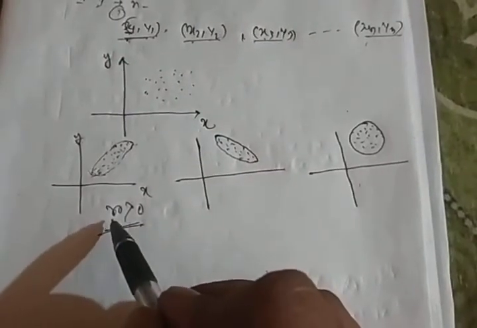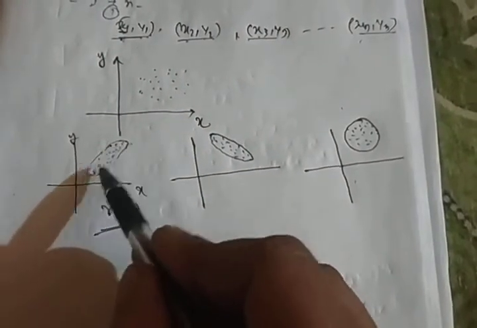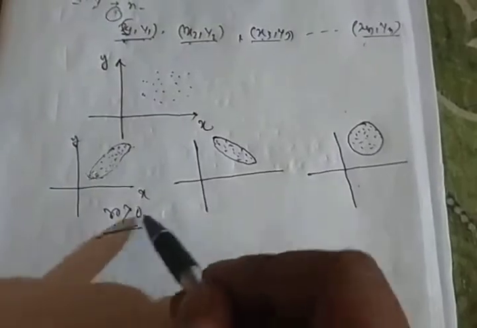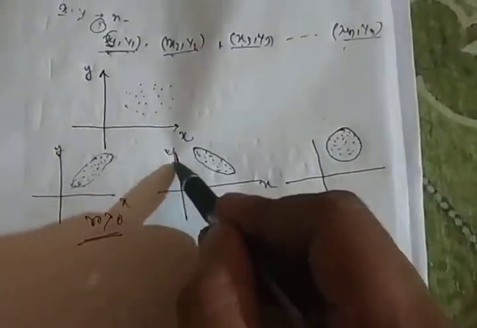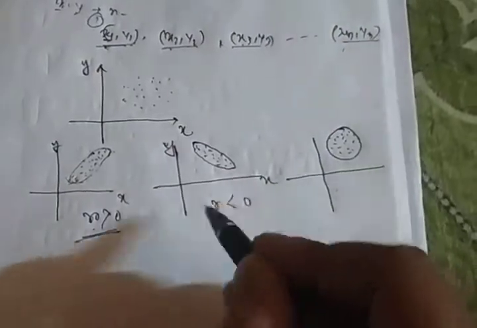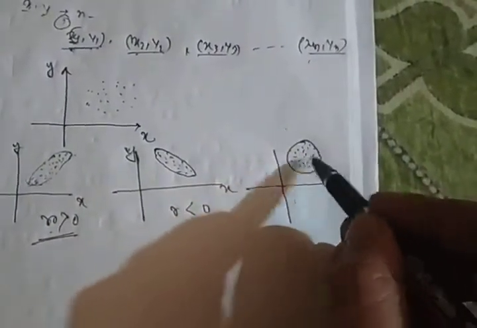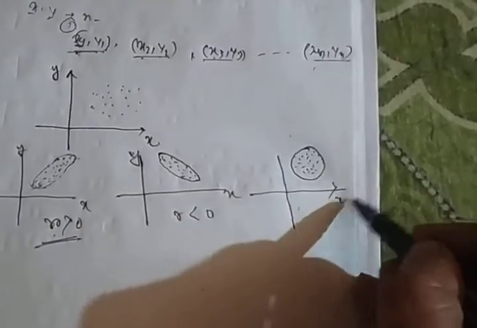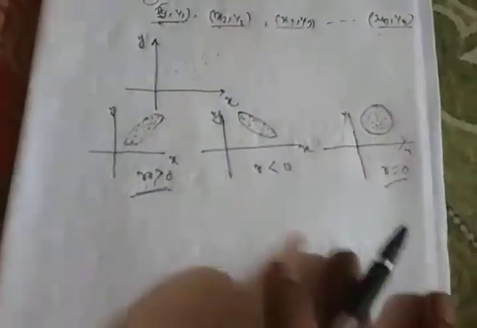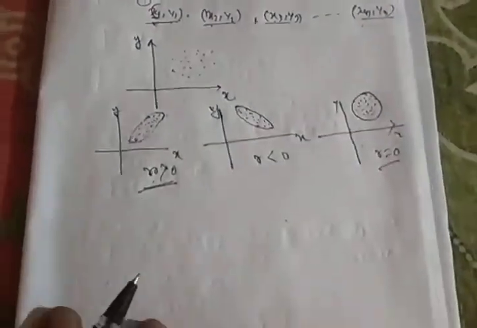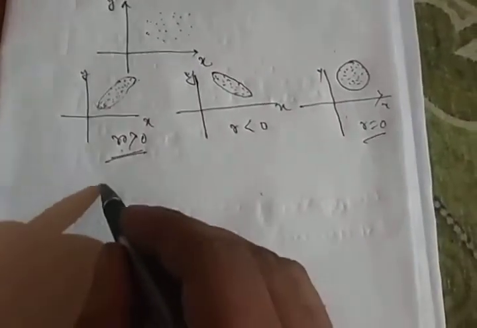When we find this type of diagram, the correlation coefficient will be positive. When we get this type of diagram, we will get r less than 0, which is negative. And if we get this type of total circular form, then we get r equals 0, where the correlation coefficient between x and y is 0.